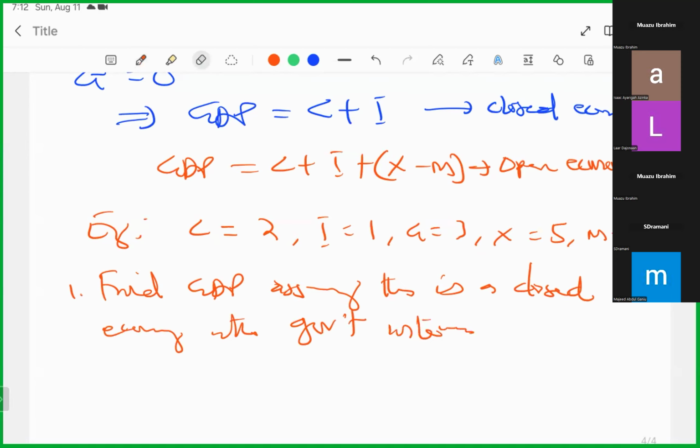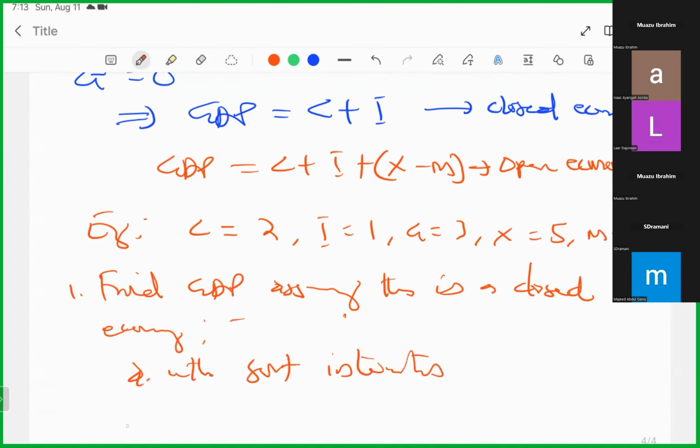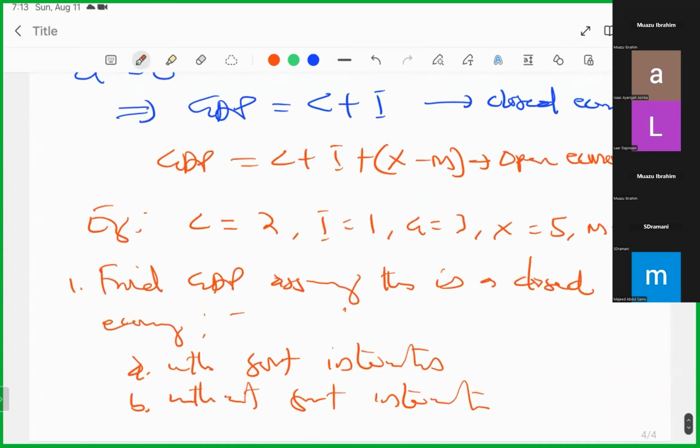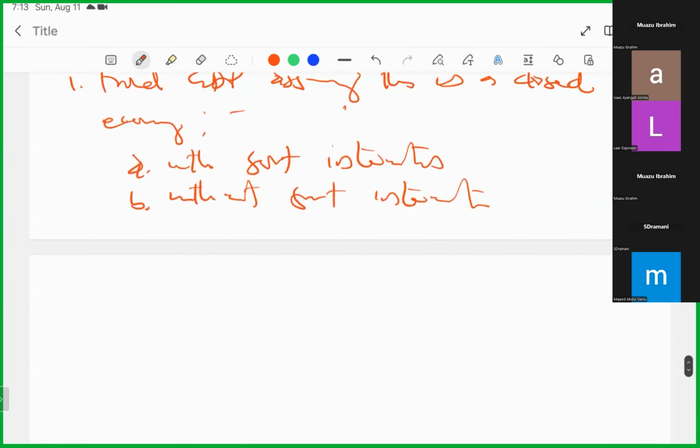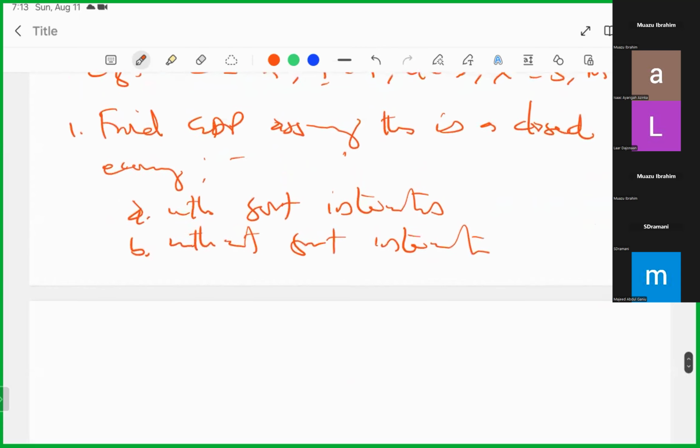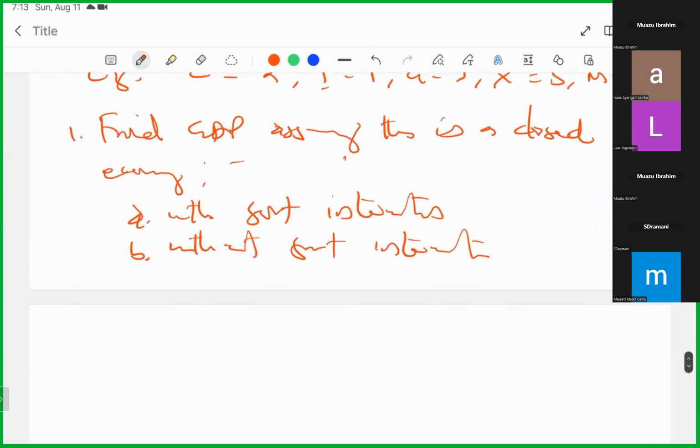A, with government intervention. B, without government intervention. So how do we do it? The first part is talking about finding the GDP in a closed economy.